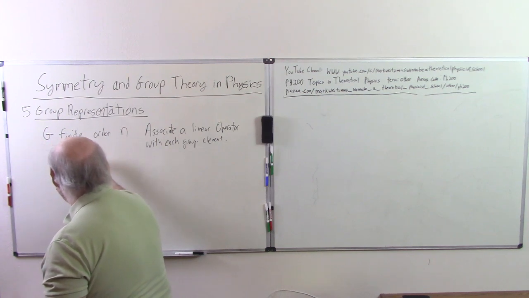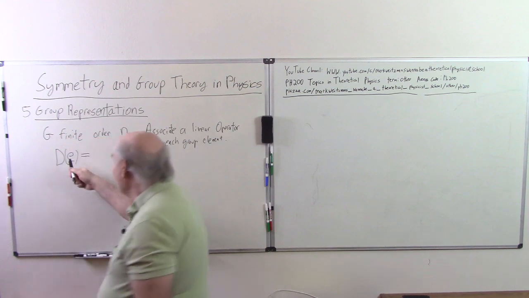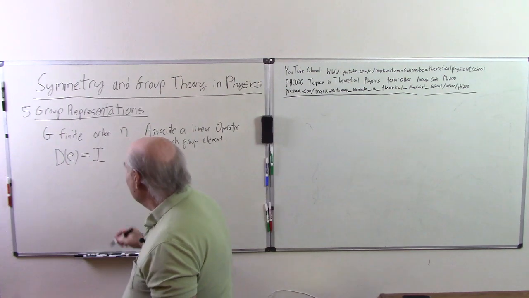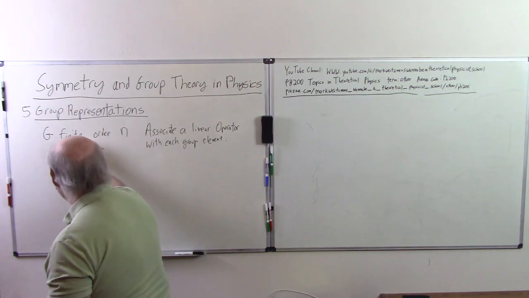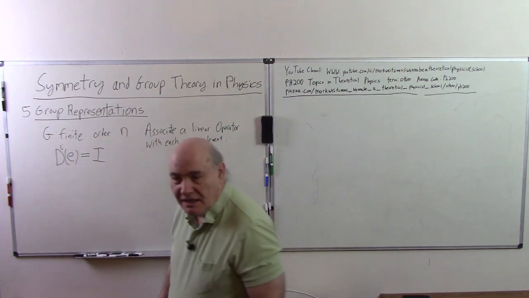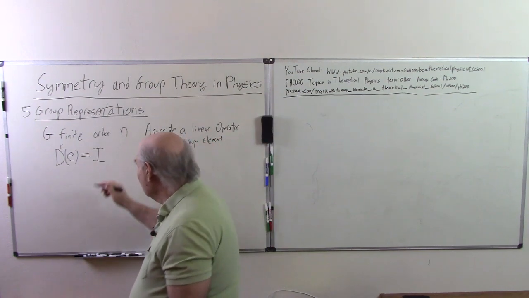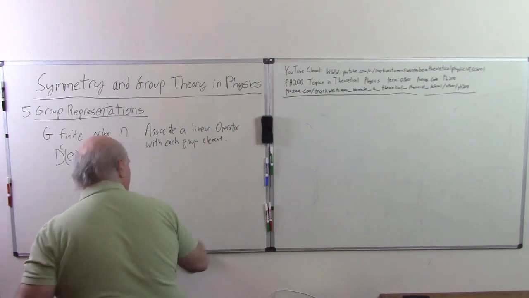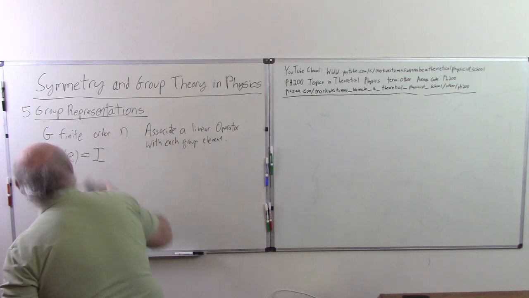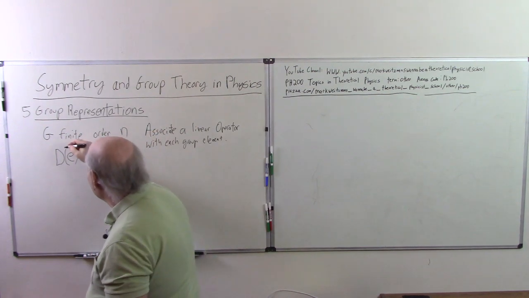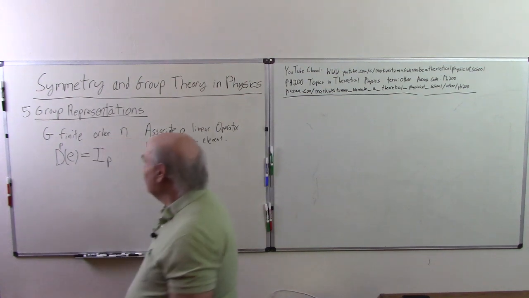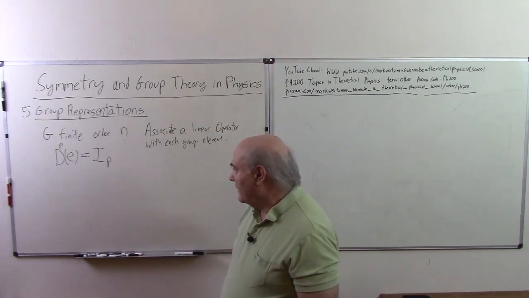First of all, with the identity element in the group, we're going to associate the identity matrix. Let's say the dimension of the representation is... you know, I don't like that letter I. Let's use P. So we're going to use P by P matrices, and we associate the identity matrix in P dimensions with the identity element.